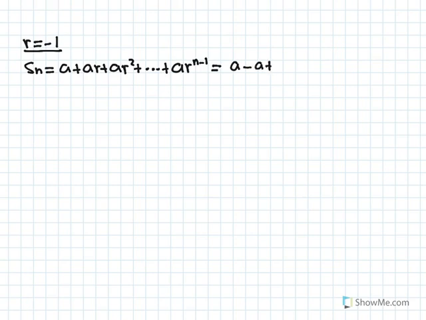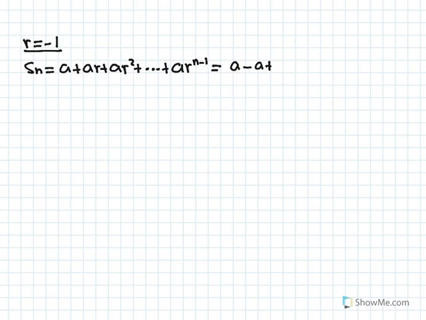So the nth partial sum, Sn, is equal to a plus ar plus ar squared plus dot dot dot ar to the n minus 1, which is equal to a plus a times -1, minus a, and then ar squared will be -1 squared, which is plus 1.